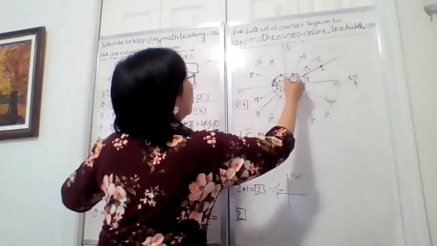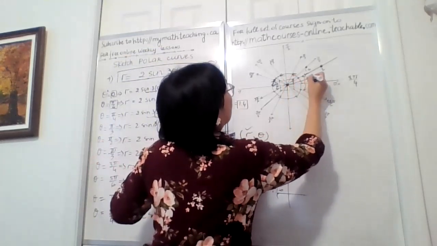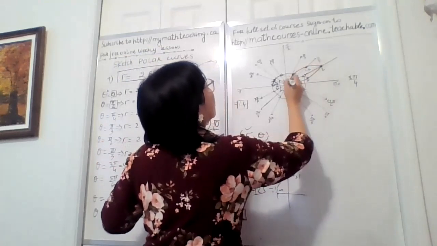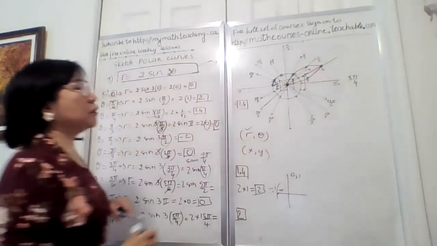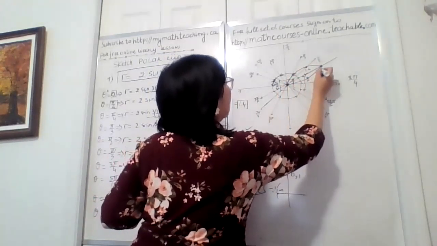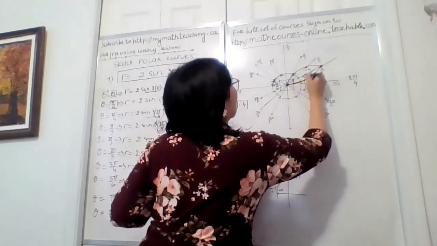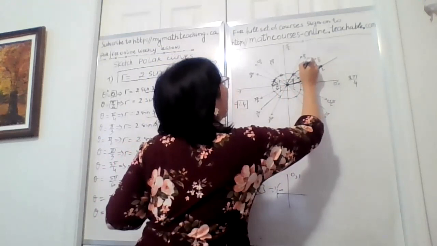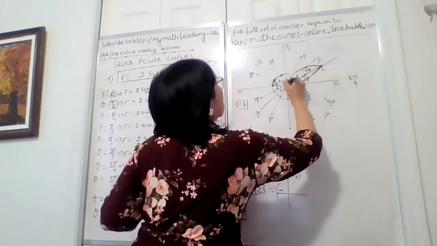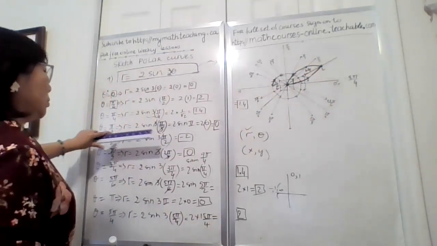So at pi over 3, it goes back to 0. So that's the first pattern we can plot. We start from 0, we go to 2, we go to 1.4, and we go back to 0. That's the first pattern.